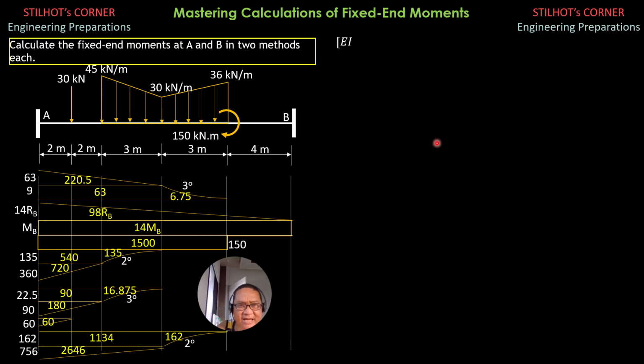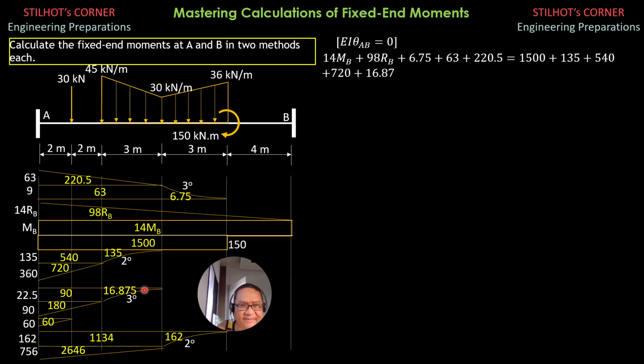So EI theta AB is equal to 0 since the areas are already prepared. So we begin with 14 MB, plus 98 RB, plus 6.75 plus 63 plus 220.5 equals 1500 plus 135 plus 540 plus 720 plus 16.875 plus 90 plus 180 plus 60, then plus 162 plus 1134 plus 2646.